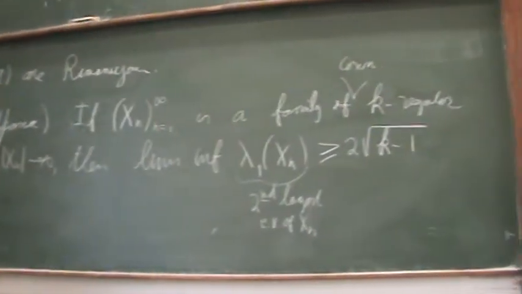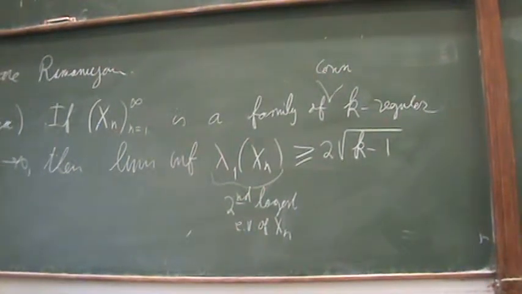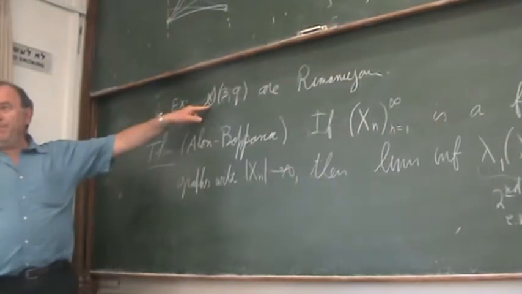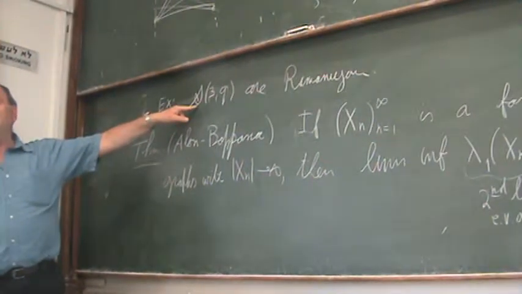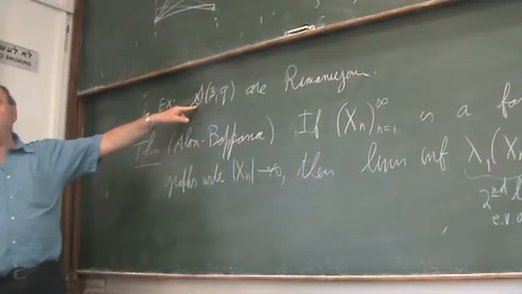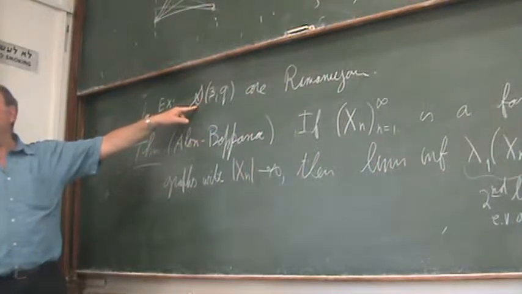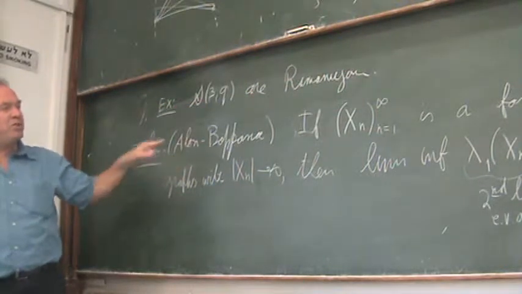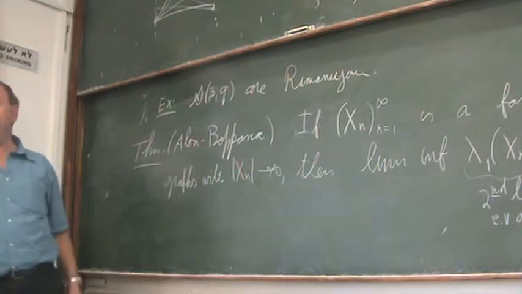But you might think that this is a counterexample, right? Because here we got not 2 square root of k minus 1, we got that the second eigenvalue is square root of k minus 1. But it's not a contradiction to the Alon-Boppana theorem, because the Alon-Boppana theorem is true for fixed k.